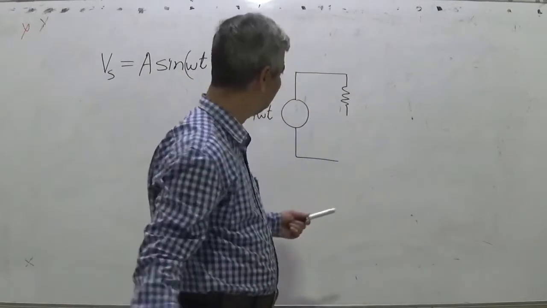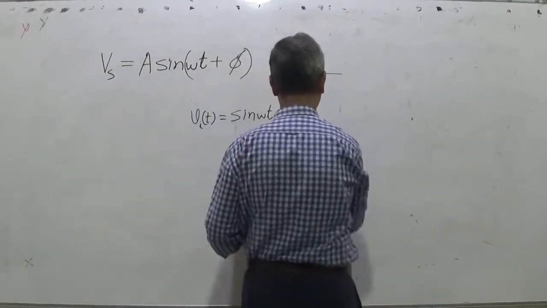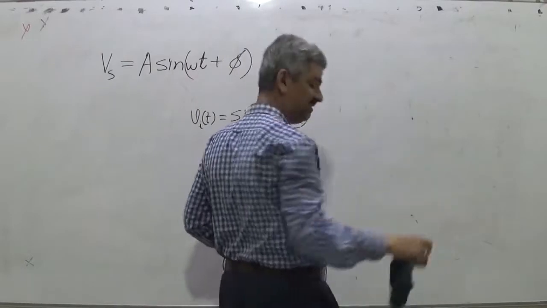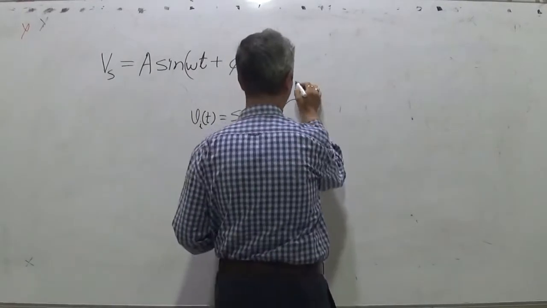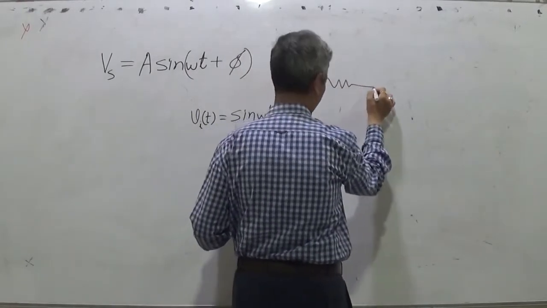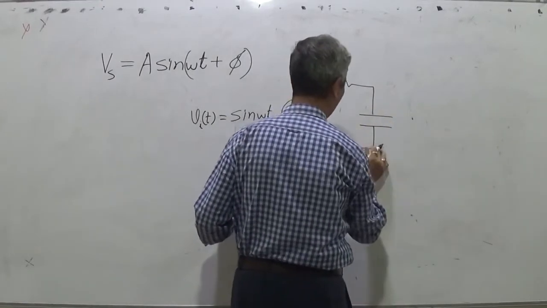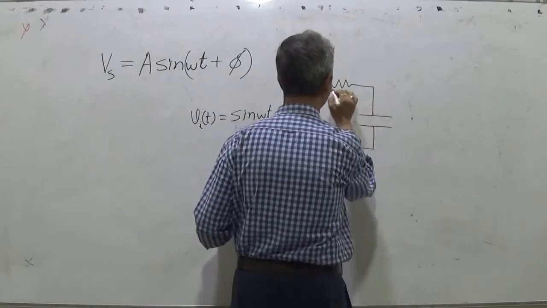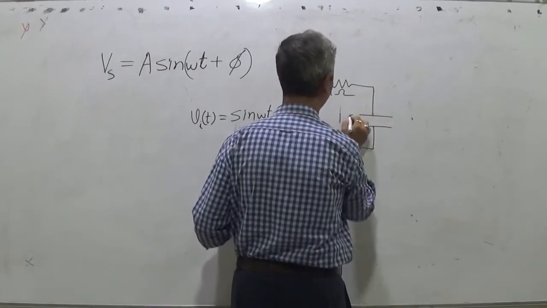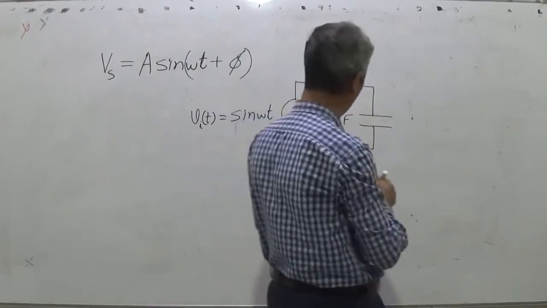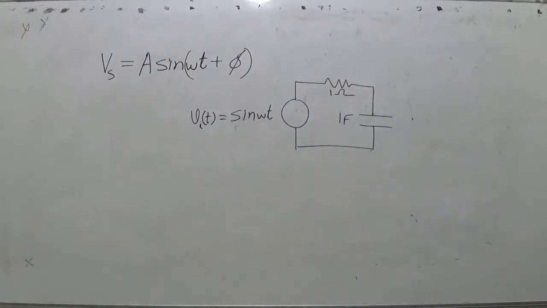I can draw it like this, or if you want the resistor to be shown horizontally in the RC circuit, you may not like it, so we show both vertically. It doesn't make any difference. And values also, deliberately I take 1 ohm and 1 farad. So this is my popular example of an RC circuit.